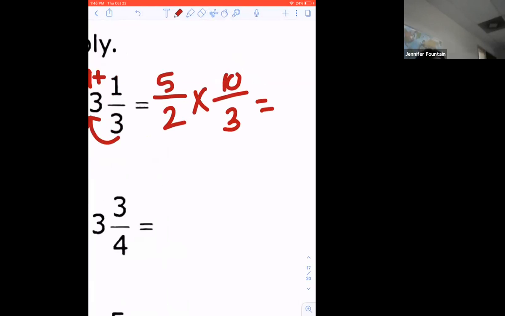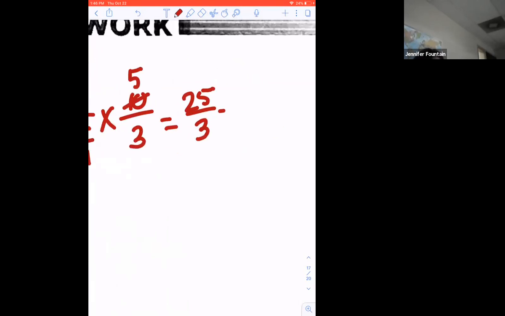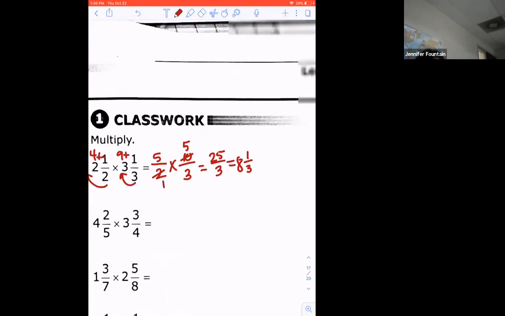So now I multiply 5 times 5 is 25. 1 times 3 is 3. Now I'm going to simplify 25 divided by 3. How many times will 3 go into 25? 8 times. And 8 times 3 is 24. So 25 minus 24 is 1. Keep my denominator of 3. So 8 1/3.